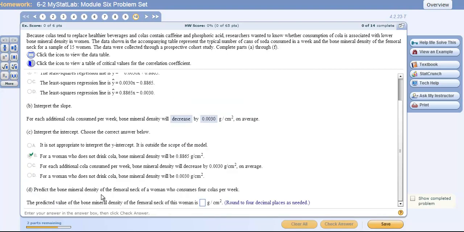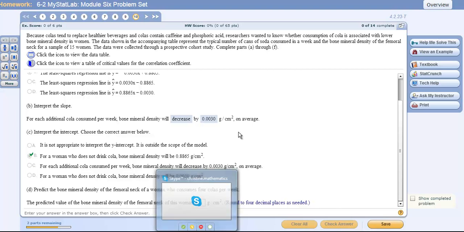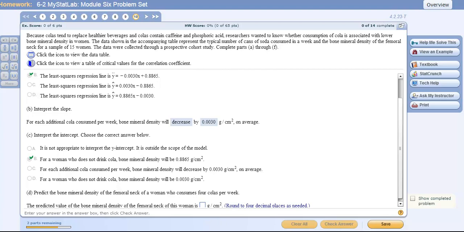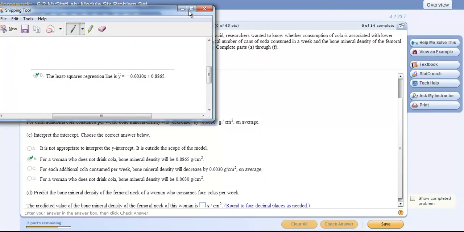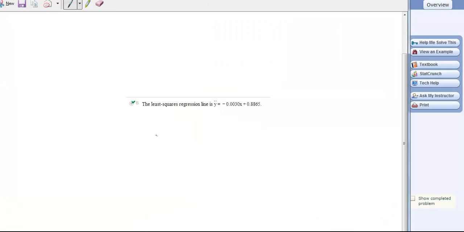Okay, and then predict the bone mineral density of the femoral neck of a woman who consumes 4 colas per week. So here on this one, we're going to have to grab the equation and substitute in 4 for x. So this should be y hat equals negative 0.0030, and instead of x is the number of colas, that should be 4, plus 0.8865, and then calculate this.